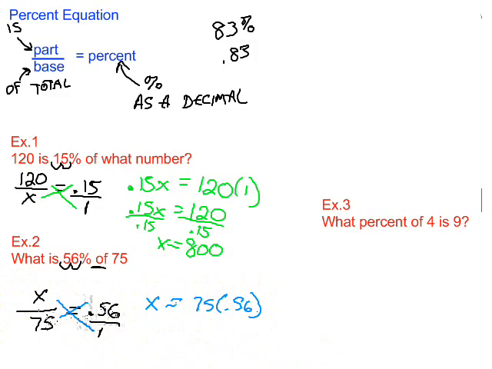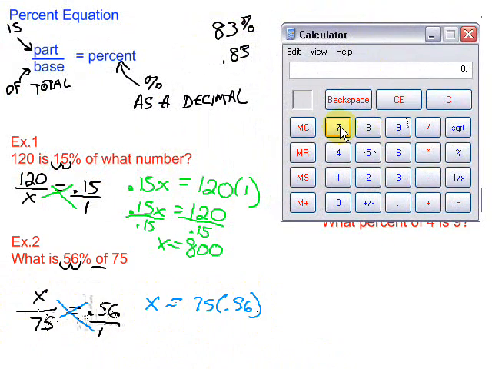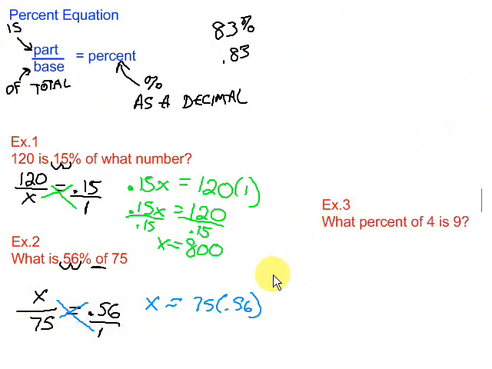Do that multiplication. Grab our calculator again. 75 times 0.56 equals 42. So our answer in this problem is x equals 42. So 56% of 75 is 42. Let's take a look at one final example here.